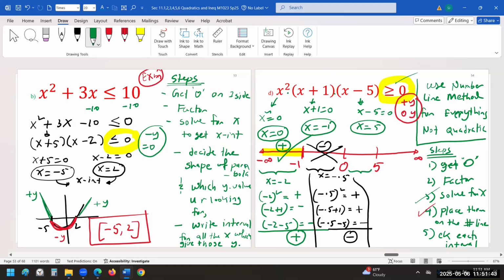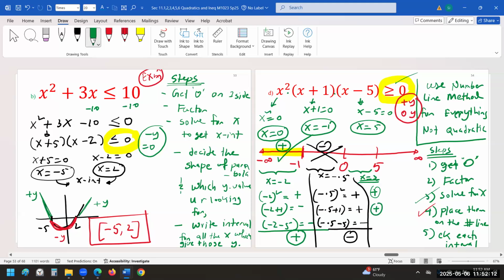Any number from 0 to 5, say 3. And I do the same thing. 3 squared. Since I don't have much space, let's do it mentally. We have 3 squared, which is 9, positive. Then we have 3 plus 1, positive.